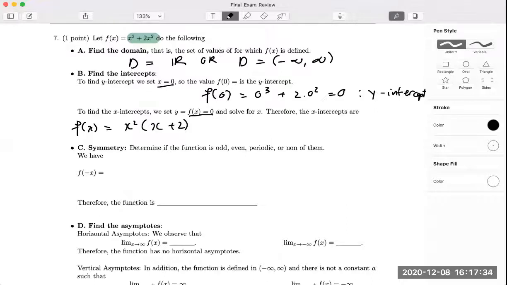The product of two things, we set it to be 0. Therefore, there are two solutions: x will be 0, or x plus 2 will be 0, so x is negative 2. So these are the x-intercepts. There are two x-intercepts here.